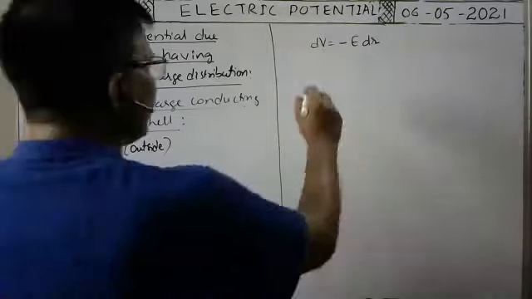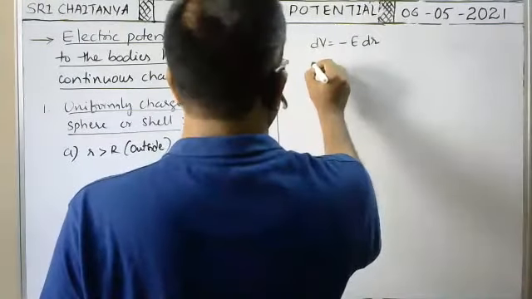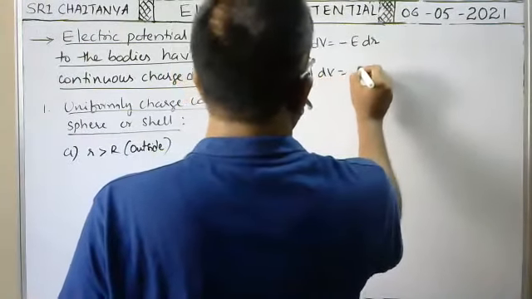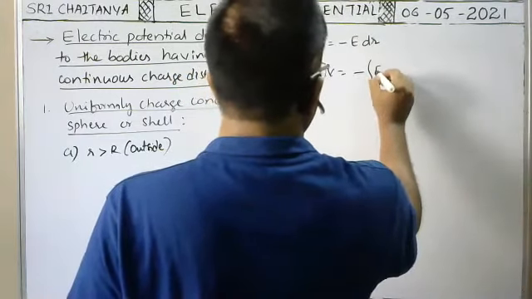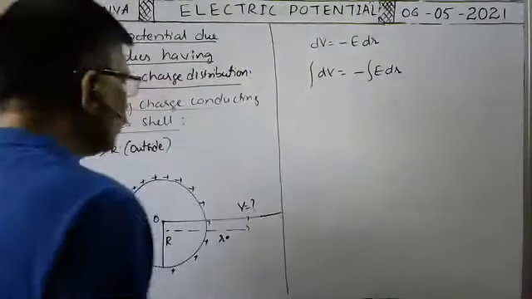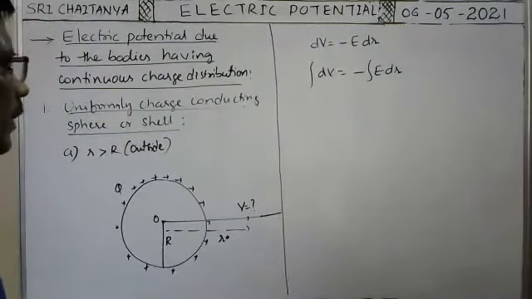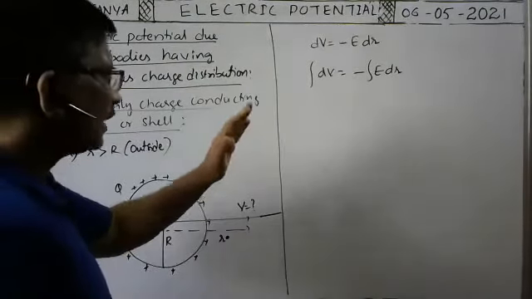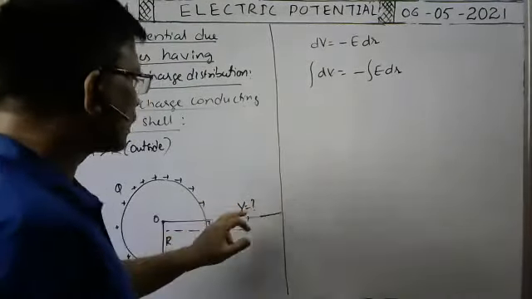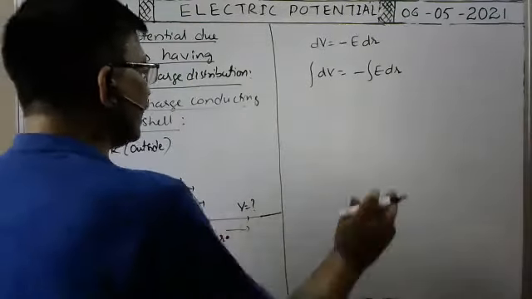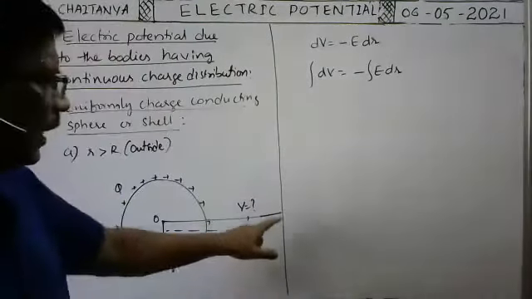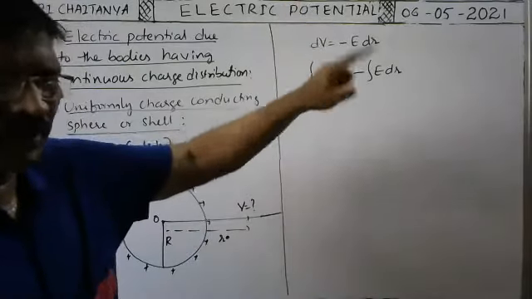Now you integrate on both sides. Integral dV is equal to minus integral E into dr. What are the limits? We have to bring the unit positive charge from infinity to this point. That's why, at infinity, what is the potential?